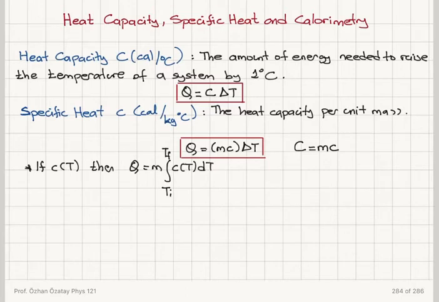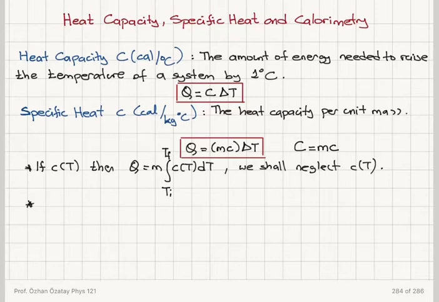For a very small temperature change, the variation in specific heat is negligible, so I can use this integral. However, in this course we shall neglect the temperature dependence of c, so that we will take c to be a constant for a given system.